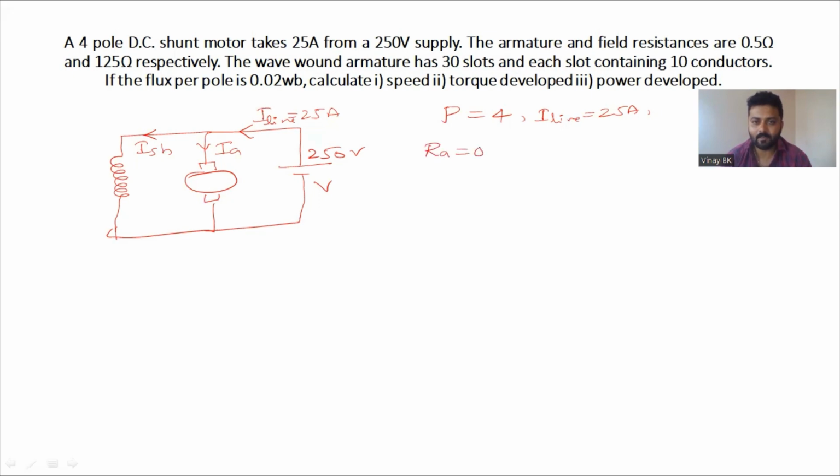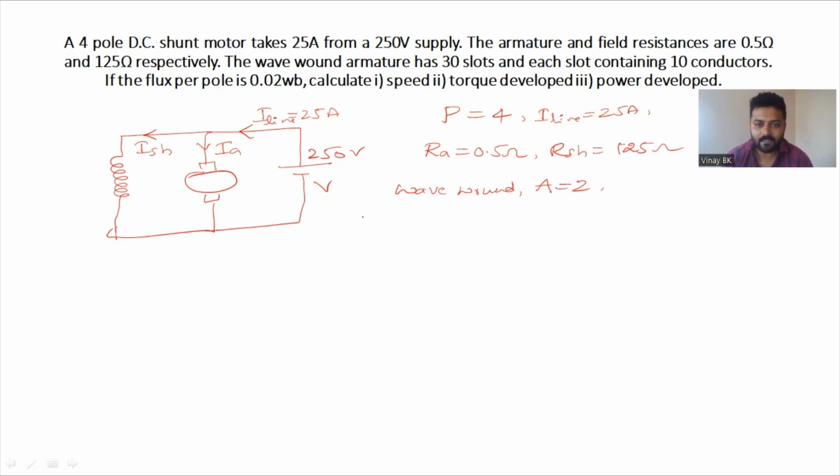RA is 0.5 ohm and RSH is 125 ohm. They are only given. And it is a wave wound. Remember, wave wound. So the condition for wave wound is the number of parallel paths A equals 2 always in case of wave wound.